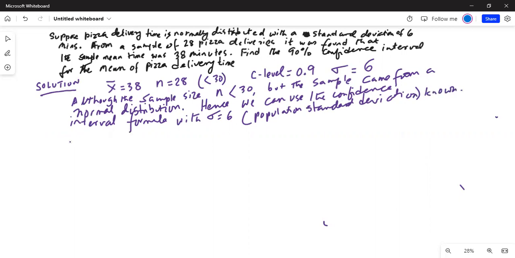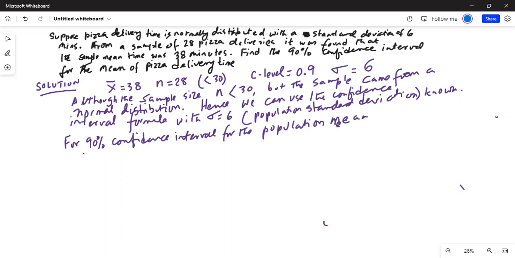That formula for the 90% confidence interval for the population mean is x bar plus minus z alpha by 2 times sigma divided by square root of n.